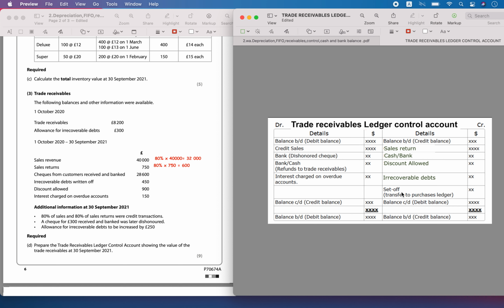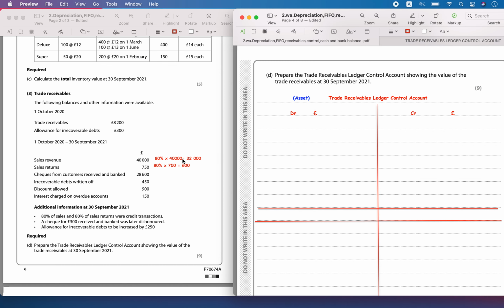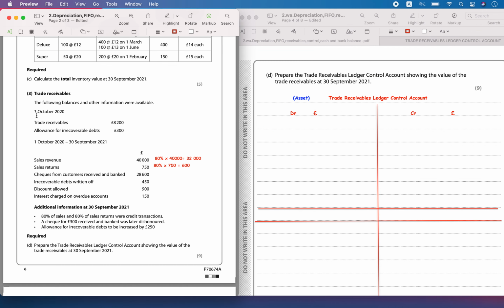Then if there is any irrecoverable debt and any trade set off for transfer to the purchases ledger, you will also have this cheque on this side, and any refunds and interest charged. So this format you have to know. It is just going to sum up all the balances of the ledgers and form a ledger control account for preparation of the financial statements.